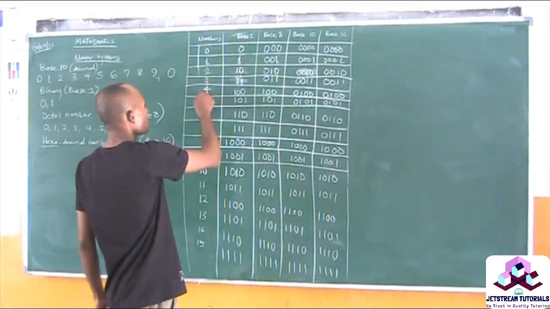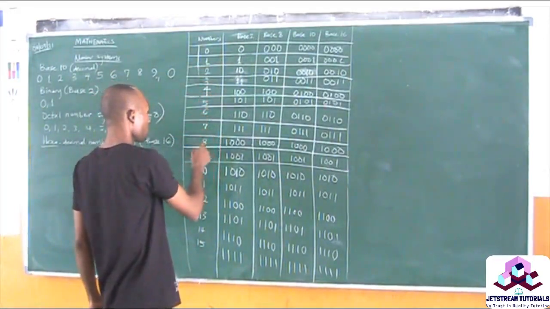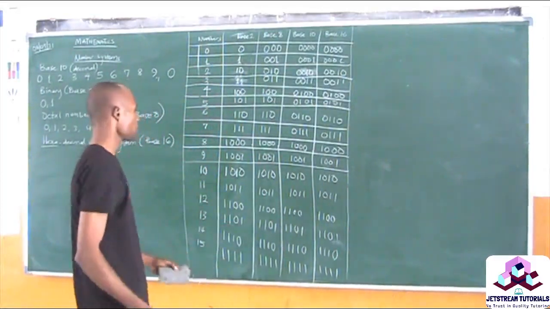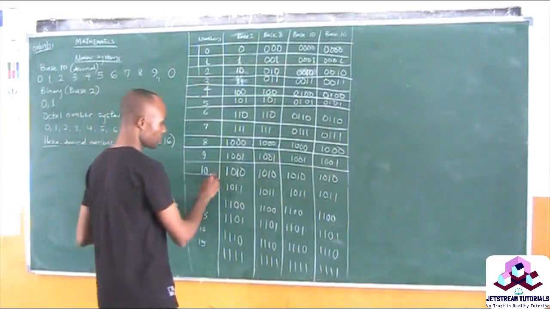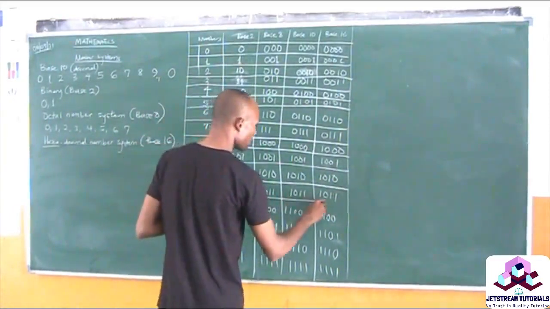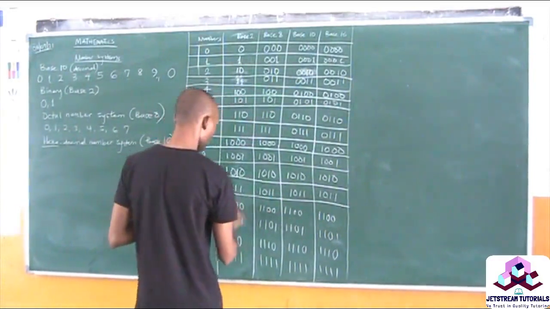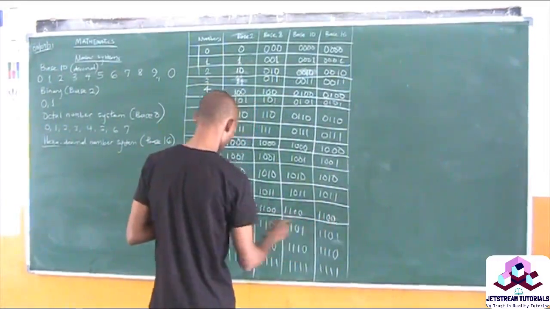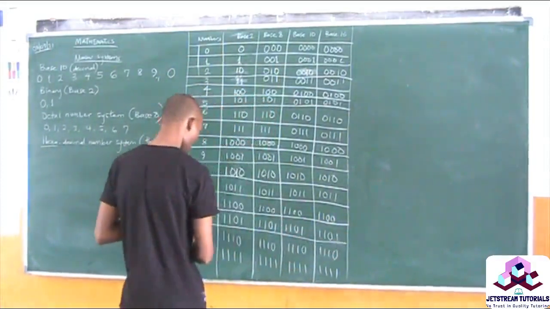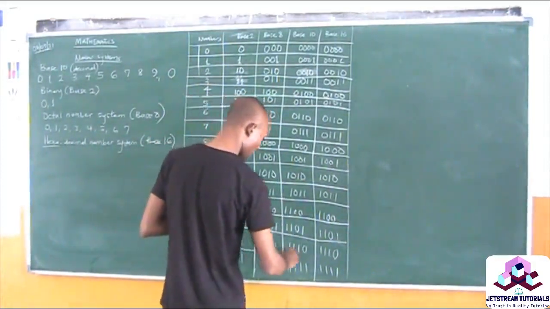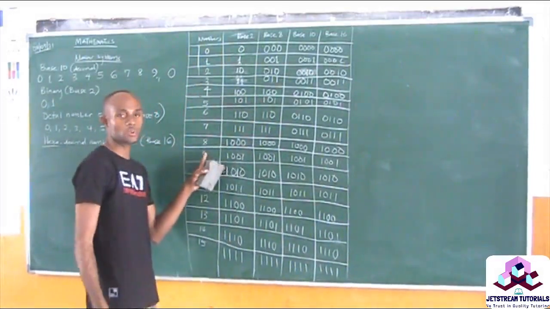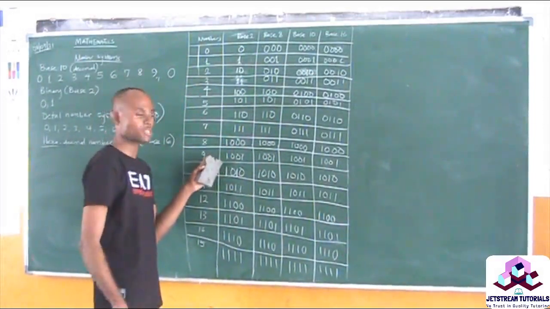Base 4, base 5, base 6, base 7, base 8, base 9, base 10, 11, 12, continuously up to base 16. Then in the base 16 number system, we must take note of something. Alphabets are used to replace the numbers from 10 onwards. So what am I saying? From here, the number system changes.